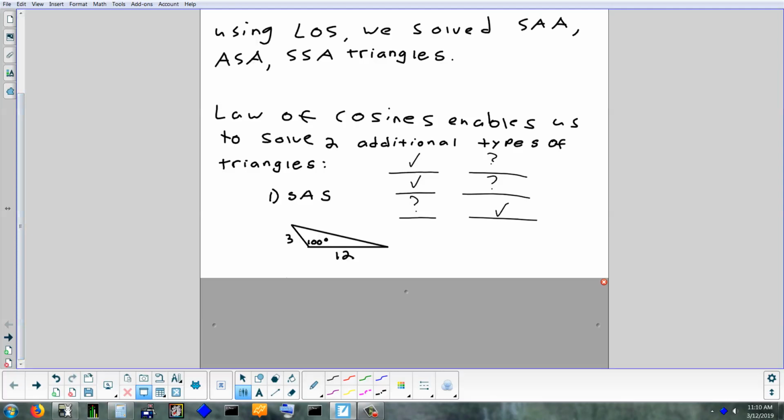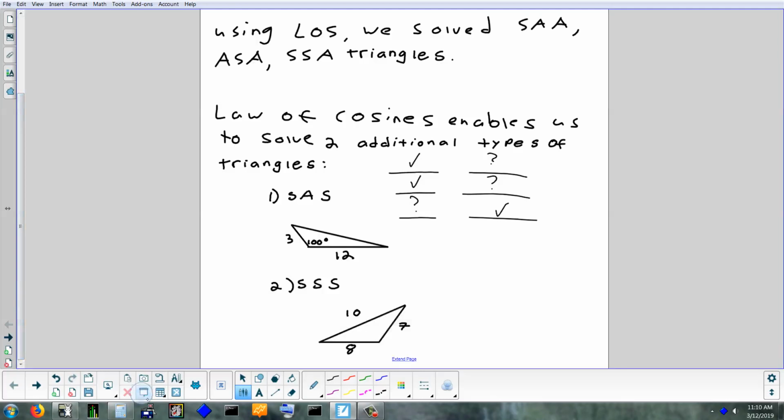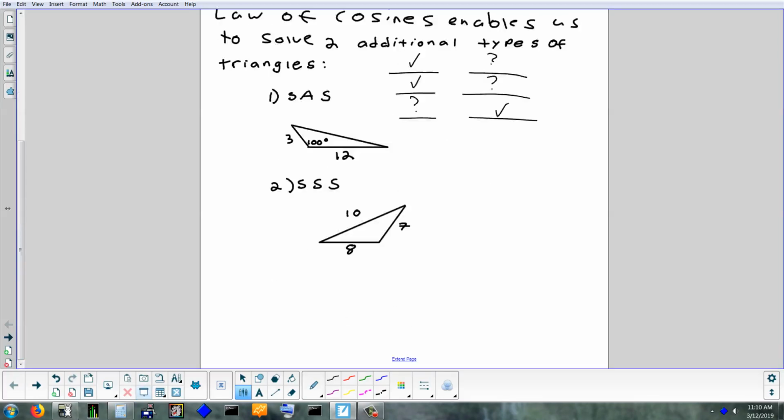Side, side, side. So if you had all 3 sides and you fill that out in your table, you're going to know everything in one column, but you're going to be missing everything in the other column. You're going to have no rows that are full. So both of these 2 problems would involve law of cosines.